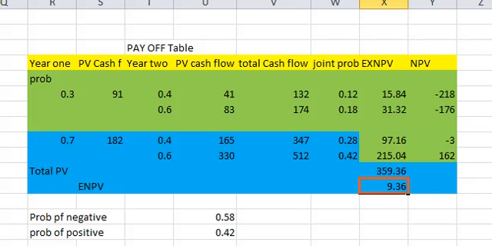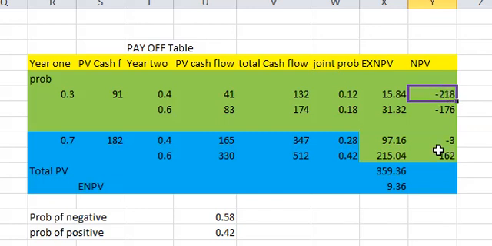Now, how do we get the probability of having a negative cash flow or a probability of having a positive cash flow? What we do is take our total cash flows that we have here, then minus the initial investment. For example, in period 1, we get 132 minus 350.